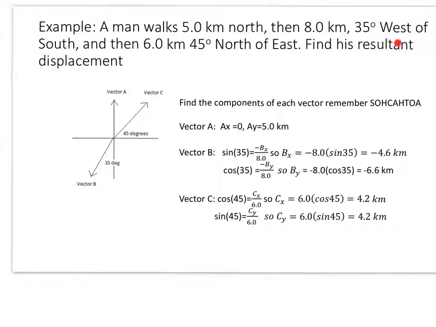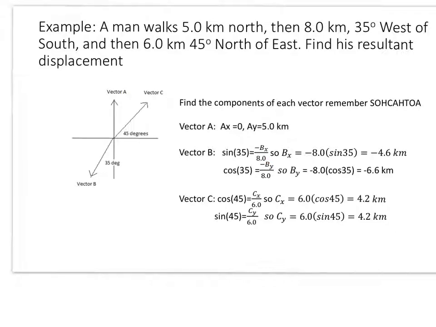Vector B is 35 degrees west of south. That's this one right here. We've got to compute the x and y components, starting right here. This is the x component, and this angle is 35 degrees. So sine of 35 is equal to Bx, the x component of B, divided by the hypotenuse, the length of that, which is 8 kilometers.